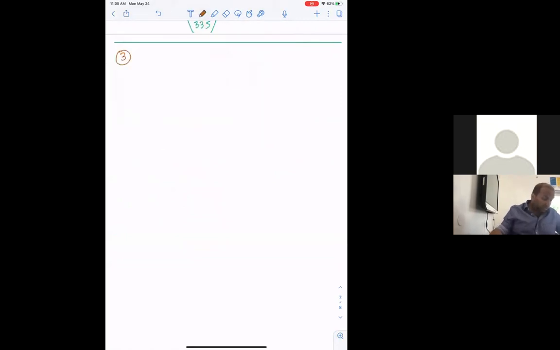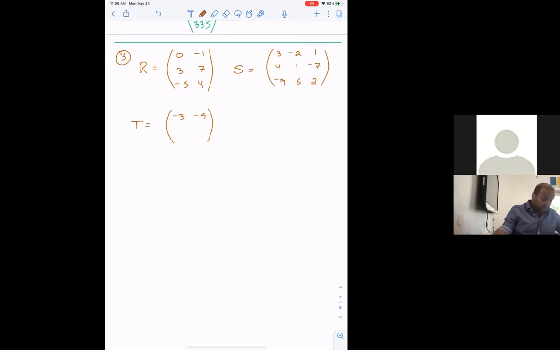Question 3 says, consider the matrices below. There's a bunch of them here. There's capital R, which is 3 rows, 2 columns, 3 by 2. Capital S, which is a 3 by 3 matrix, 3, -2, 1, 4, 1, -7, -9, 6, 2. Capital T, which is a 2 by 2 matrix, -3, -9, 6, 12.